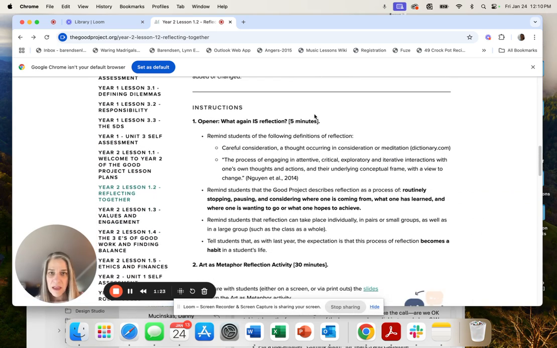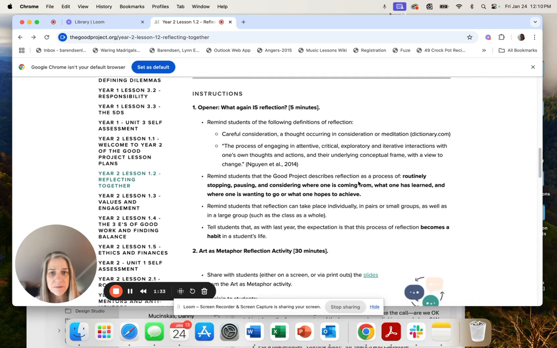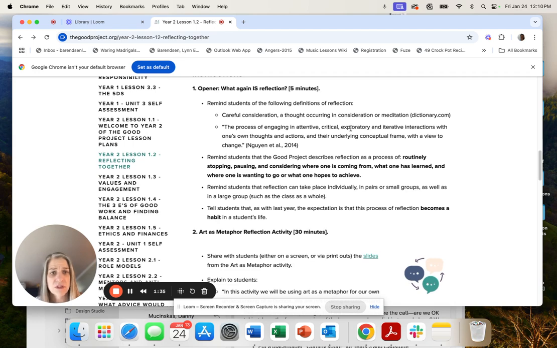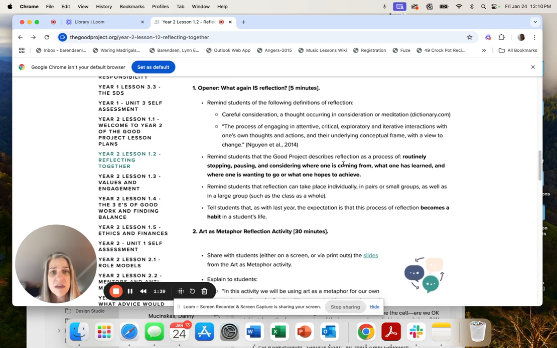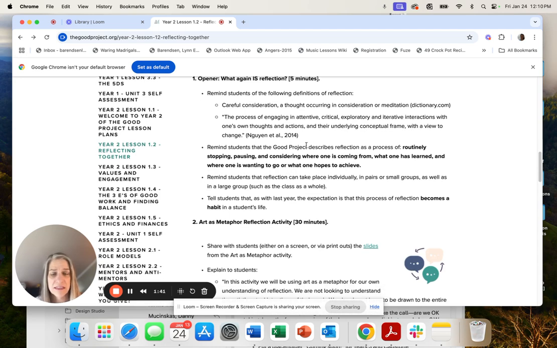So, the 5-minute opener: What is reflection? We remind students that there are several different definitions of reflection involving careful consideration, attentive, critical, exploratory, and iterative interactions with one's own thoughts. This is how the Good Project describes reflection: routinely stopping, pausing, considering where one is coming from, what we've learned.